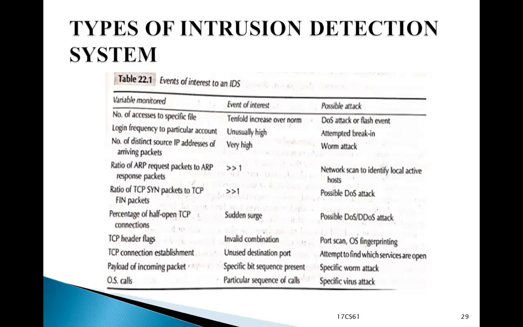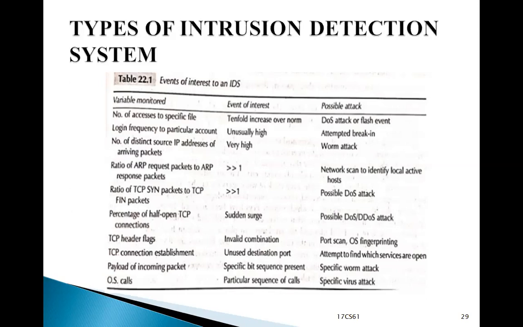Next we go to the classification of IDS. But before moving to the types of IDS, we'll check what field or information it is going to fetch and what result it is going to give. The easier way to say it is that this table gives you the overall idea of the basic functionality of the IDS, that is, the intrusion detection system.